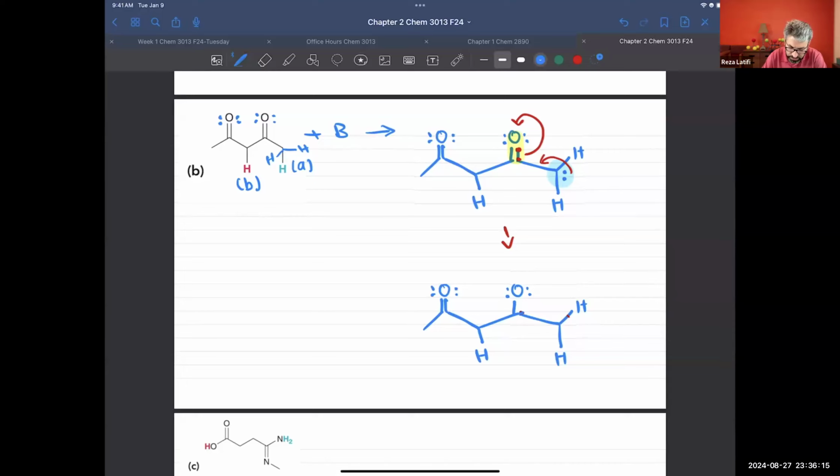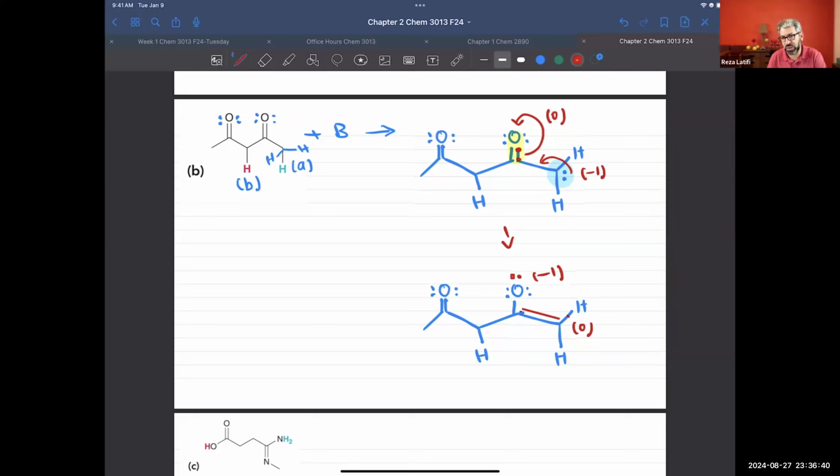This is going to be my double bond. And I'm going to show a lone pair on oxygen. Now oxygen is -1, while carbon is 0. Here carbon used to be -1, while that oxygen is 0. So there is one possible resonance structure.